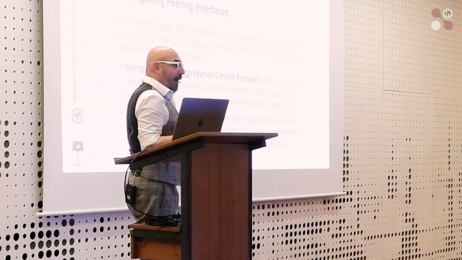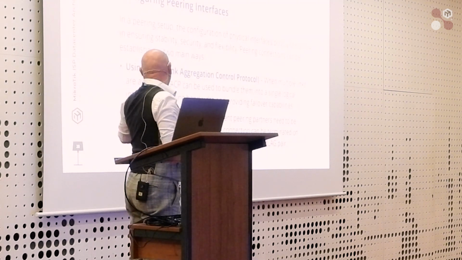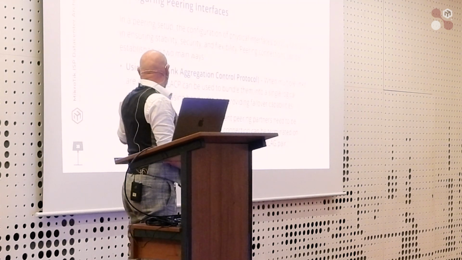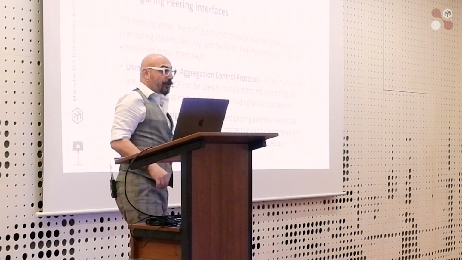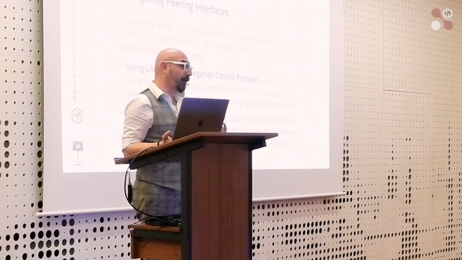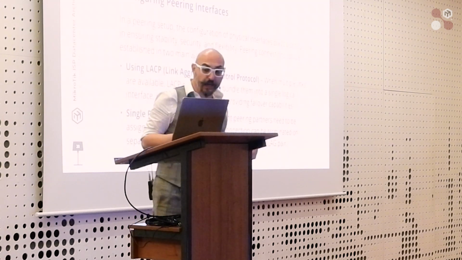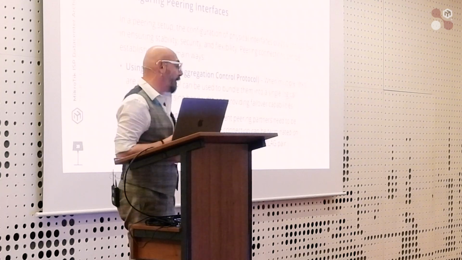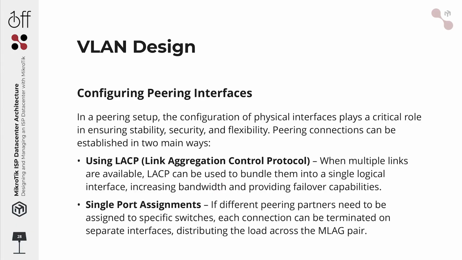In case our upstream provider can provide us with link aggregation, so two different interfaces, we can use MLAG this way. Otherwise, if they provide us only one interface, a single interface, we can decide to connect one provider to one switch and one upstream provider to another switch, just to balance the traffic and to prevent some single point of failure.